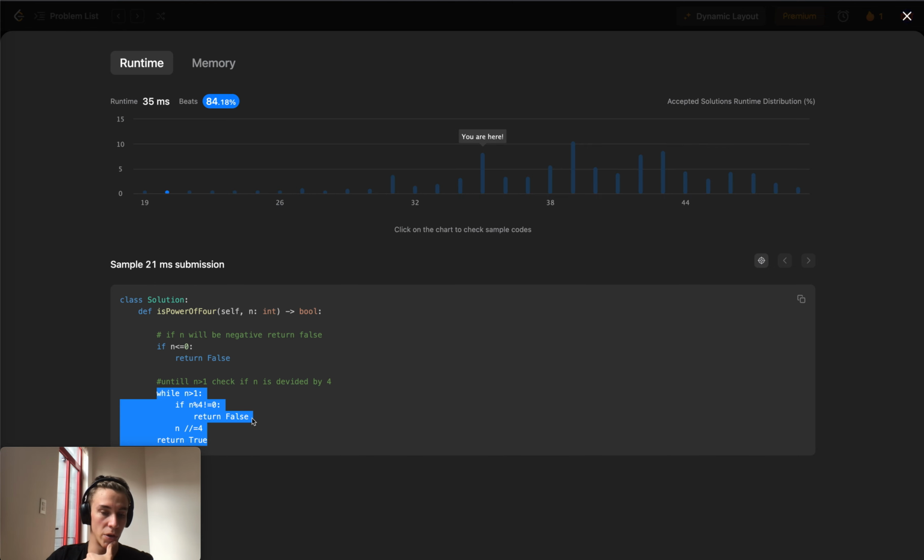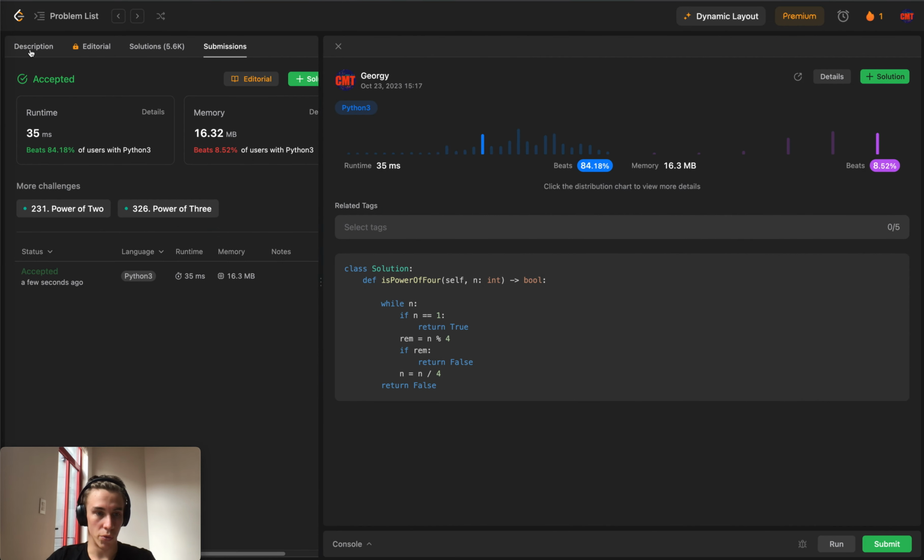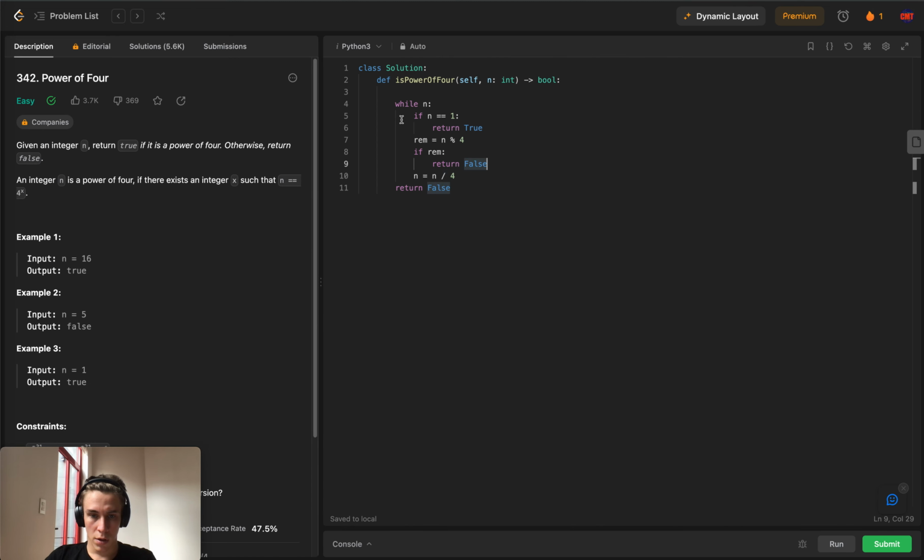While n is greater than 1, if n modulo 4 does not equal 0, return false.